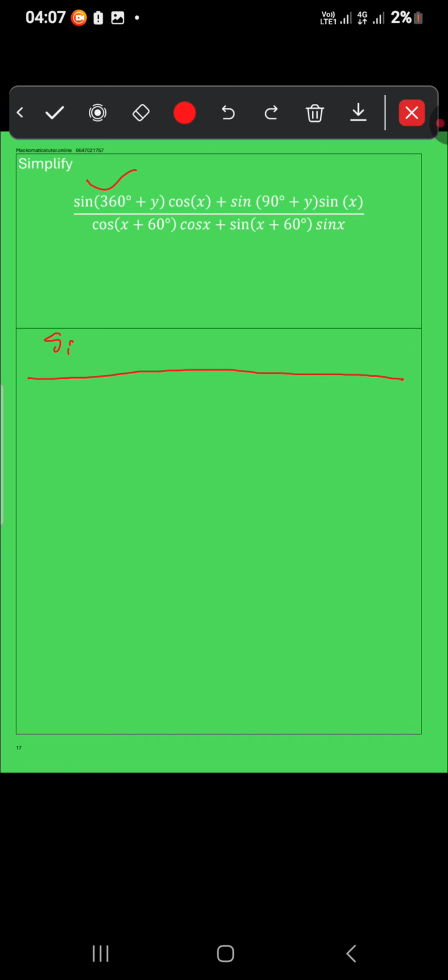So this is sine y, then cos x plus, then this changes. 90 changes, so you change. When you see 90, you change the name of the trig ratio, so it's cos x, cos y. Then it's going to be positive. Then this is sine x.